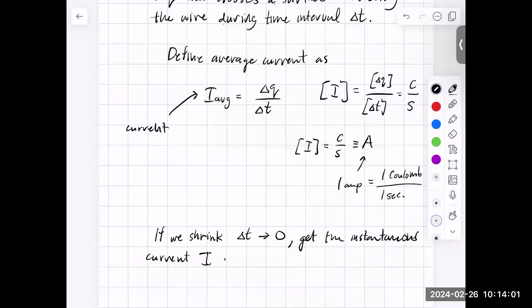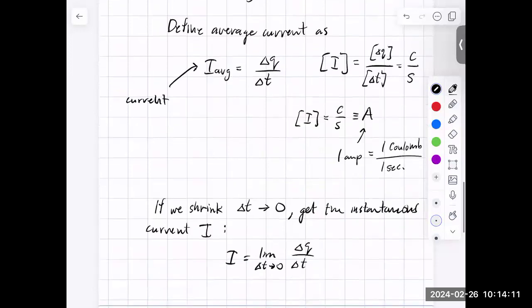I is equal to the limit as delta T goes to 0 of delta Q divided by delta T. But that's just the definition of the derivative. And so current is dQ/dt.